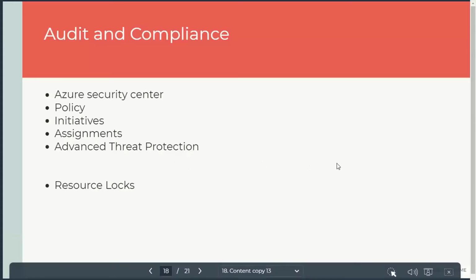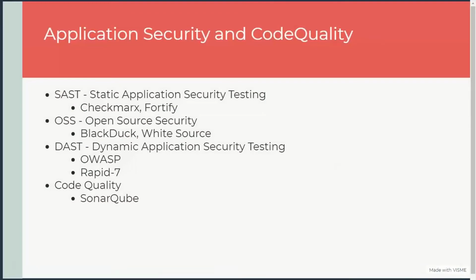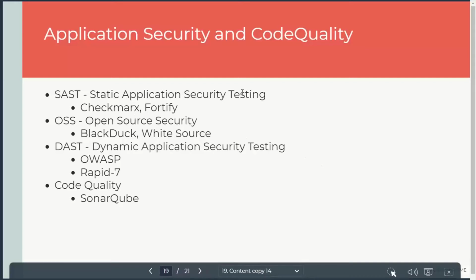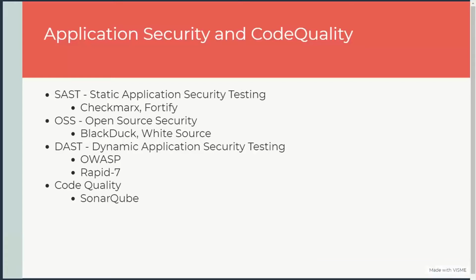Okay, so the next one is application security and code quality. I think this topic we already discussed in one of the code quality sessions. SAST means static application security testing. It will take our source code as the input, and the scanning tool will have a client and a server.